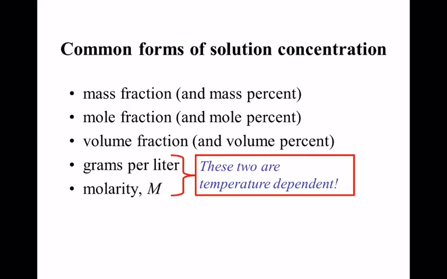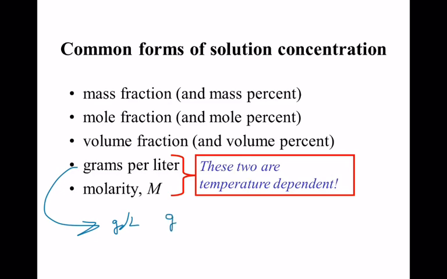Okay, and then we get to these two. These were definitely Gen Chem 1. Early on, we talked about how you talk about the concentration of a solution. Well, you can talk about grams of solute per liter of solution, or you can talk about moles of solute per liter of solution. And we're definitely going to continue the factor label method. So g/L, remember that?